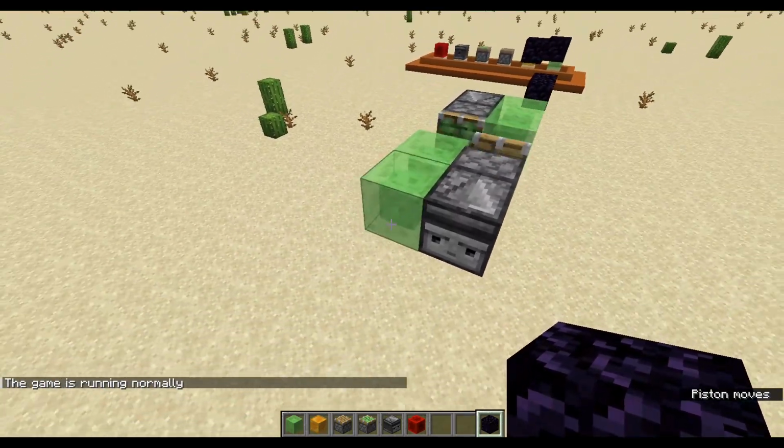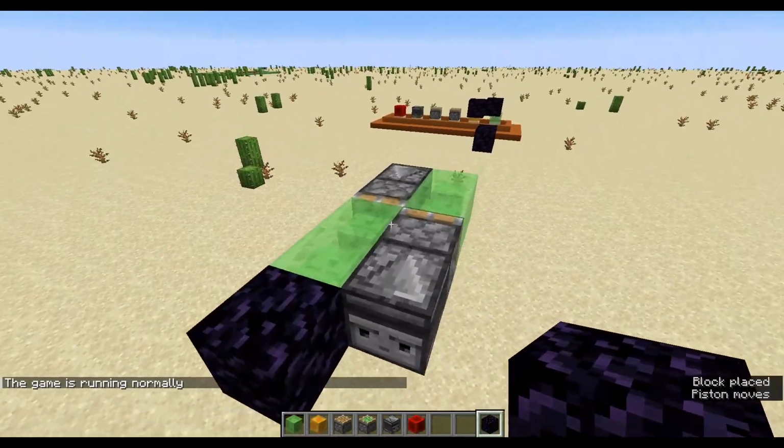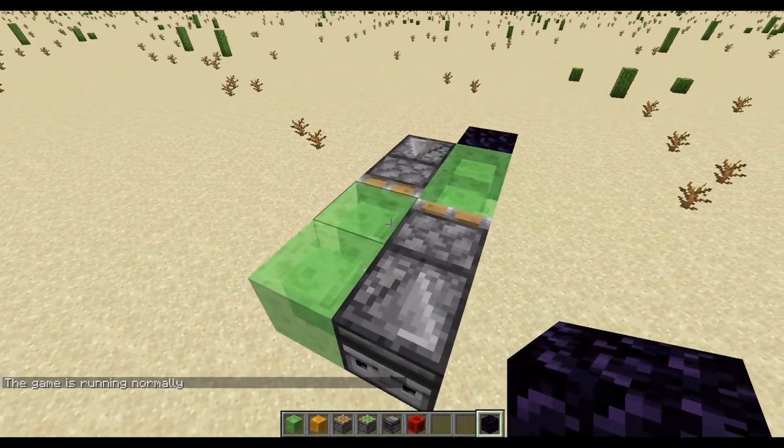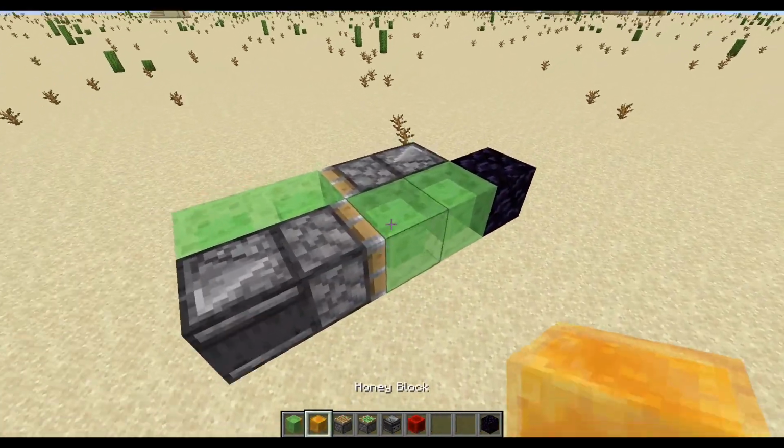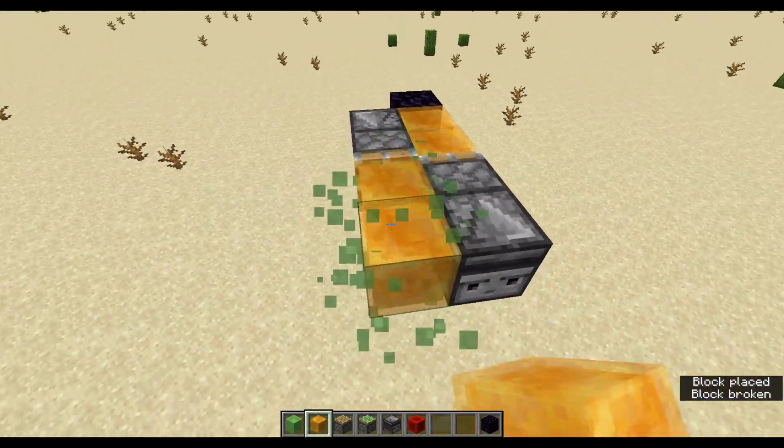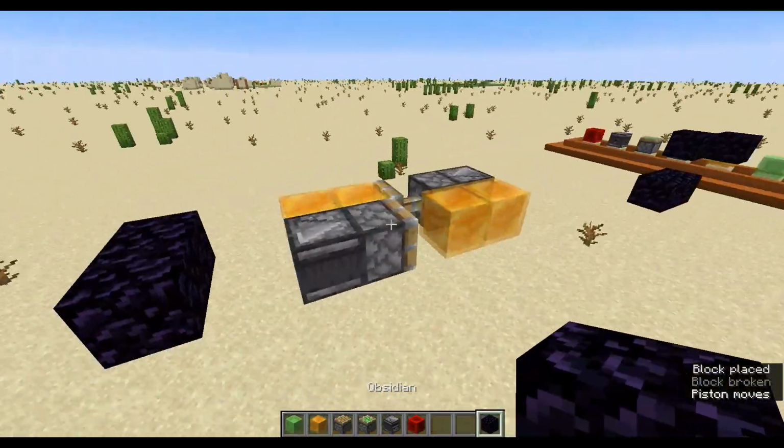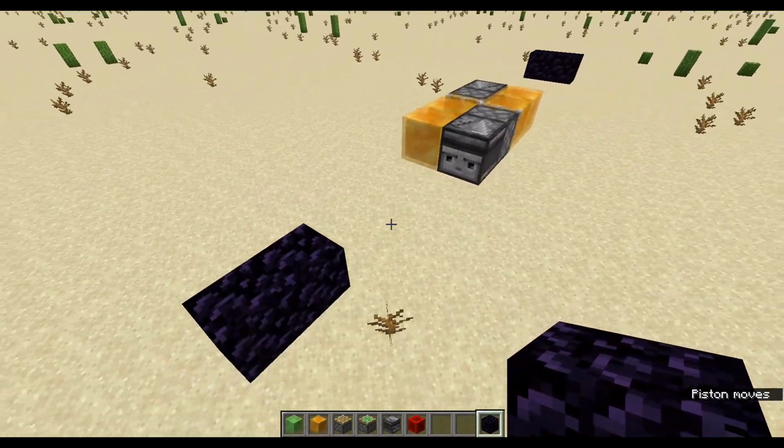Important note: the piston cannot push itself, it can only pull or push others. If we use honey here, there will be no difference, because the observer powers the piston directly.